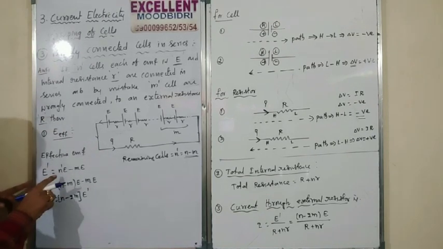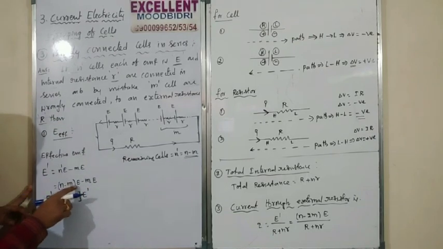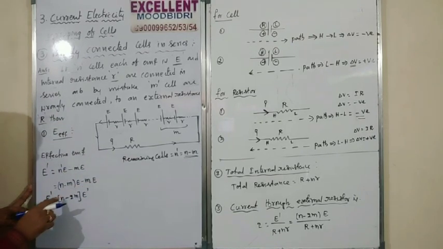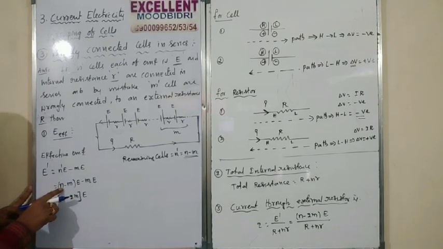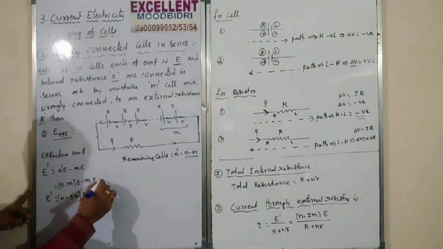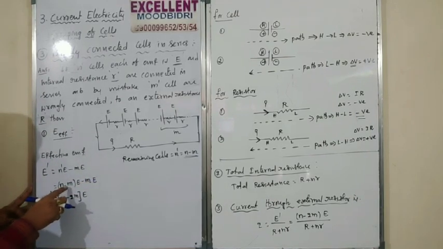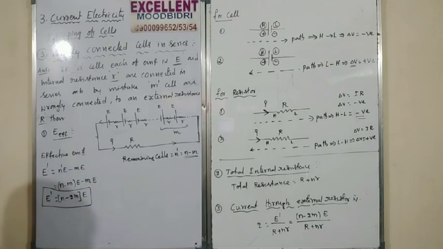So now N dash is equal to N minus M. N minus M into E minus M into E. Then take E common. Therefore N minus M and minus M is equal to N minus M minus M, that is N minus 2M, into E. This is the E effective. Finish.